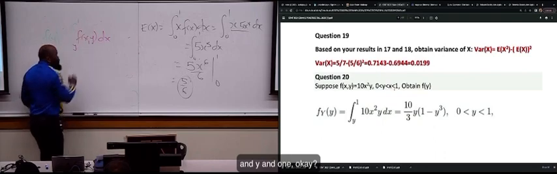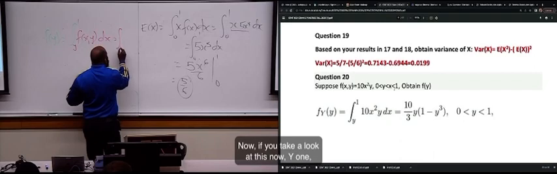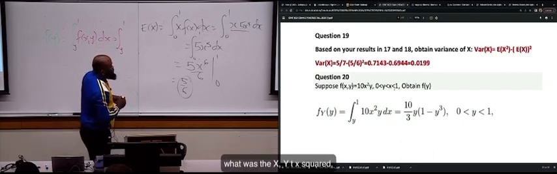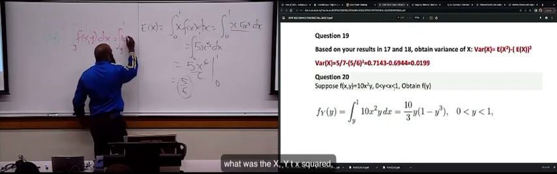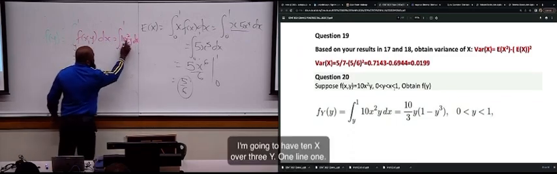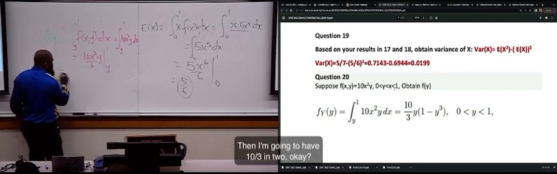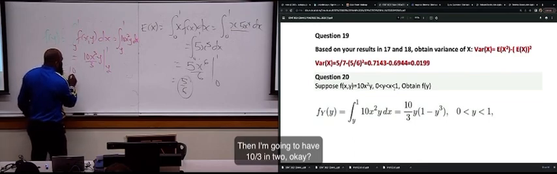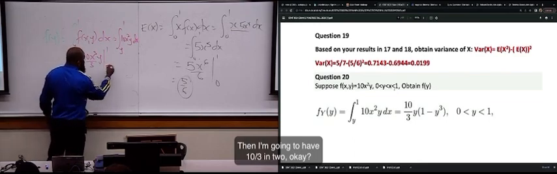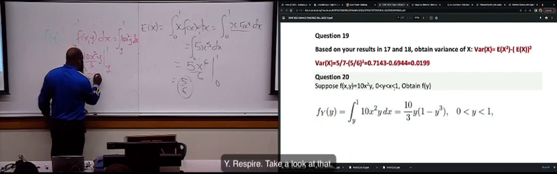Now, what was the f of x, y? 10x squared y dx. So here I'm going to have 10x cubed over 3 y, from y to 1. Then I'm going to have 10 over 3 times 1 raised to power 3 minus y raised to power 3.